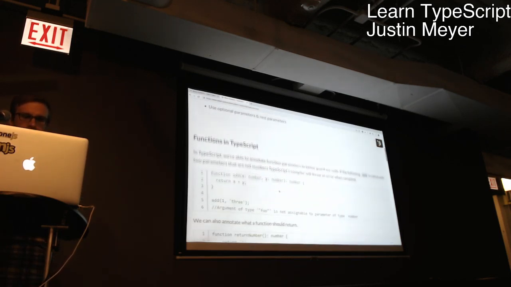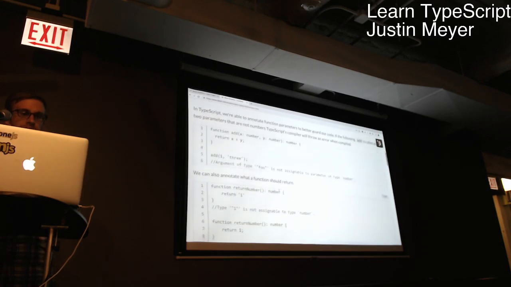All right, so let's see how to decorate a function's arguments and return value. We've seen this already a little bit, where if I wanted to add a function that takes two numbers and returns a number, I put a colon and type after the arguments and a colon and type after the parentheses to specify what the return value is.